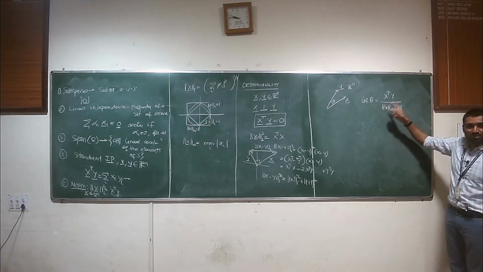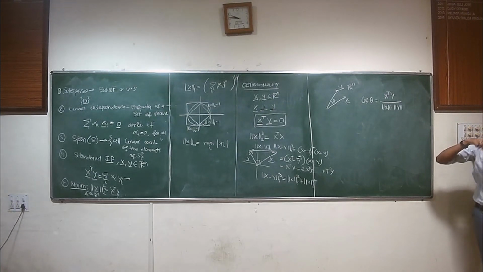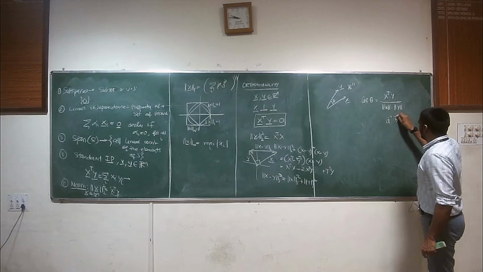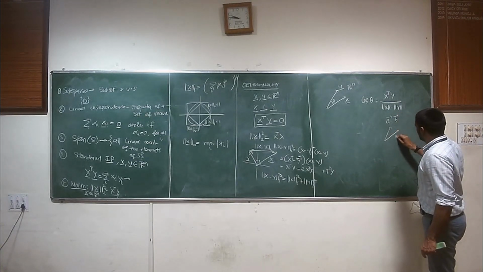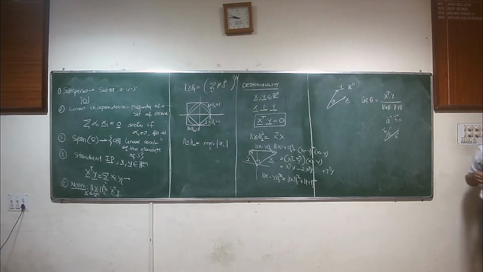Maybe you remember this from your 12th standard physics or mathematics, where the dot product between two vectors a and b, let's say this is a, this is b, and this is theta. What was this equal to?